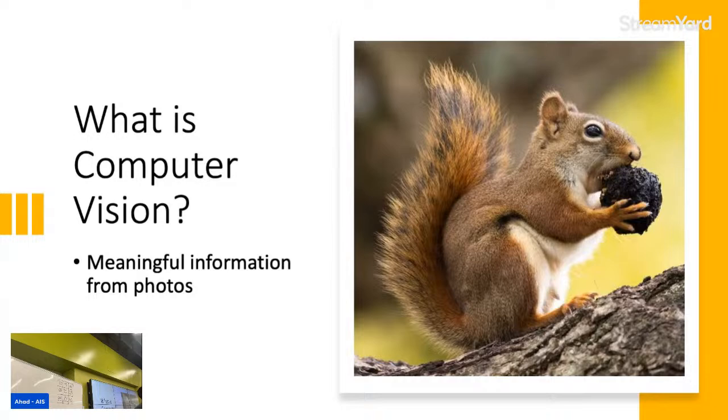It hasn't evolved over many millions of years to be able to perceive things in this way. So to a computer, it doesn't see a squirrel. It just sees numbers. So what we're going to be talking about today is basically trying to get some functionality from a computer program such that it can understand the meaningful aspects of an image.